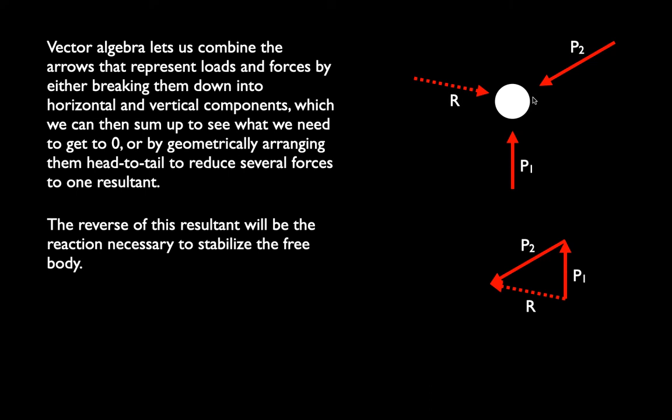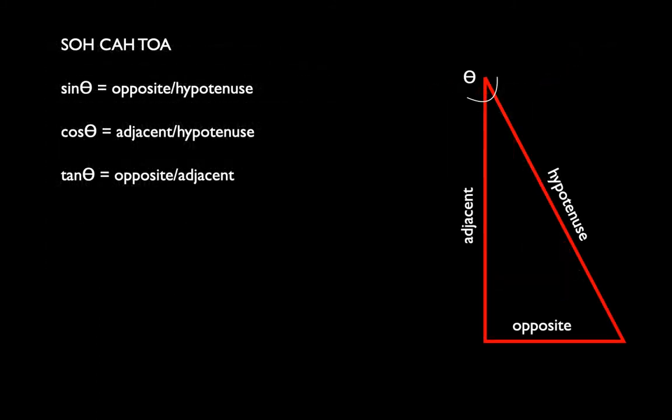And notice that we're just working in the x and y axes, right? There's no z axis, there's no in and out of the screen. We're keeping it fairly simple here. So the other thing to remember is your high school trigonometry, and in particular the relationship between angles and the three sides of a right triangle.